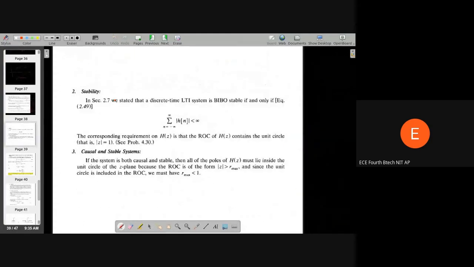Again, stability. So the signal is stable or the system is stable if, this is your definition of stability, the Fourier transform exists. It is a guarantee, a sufficient condition, not necessary.